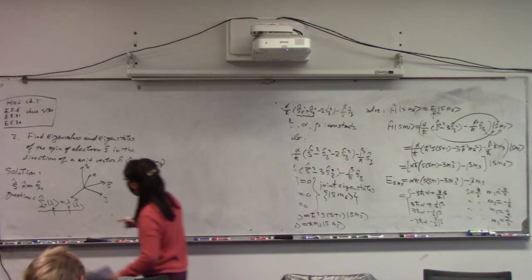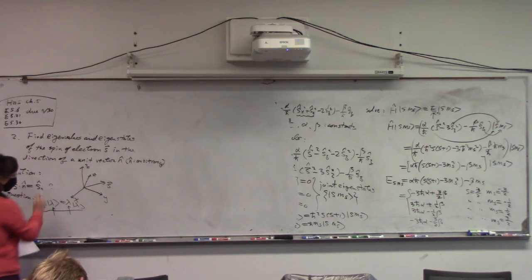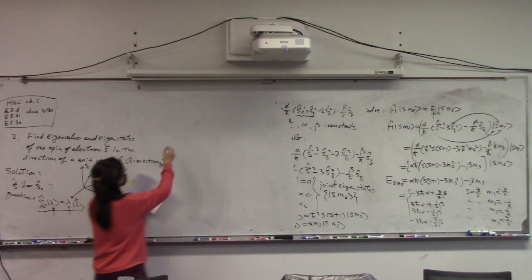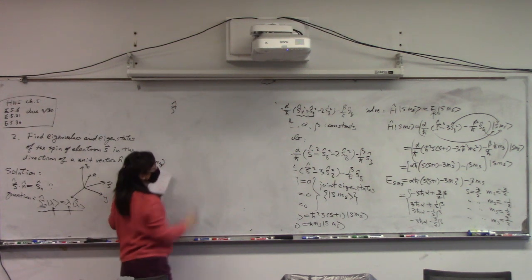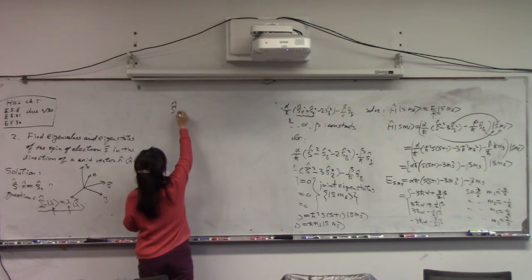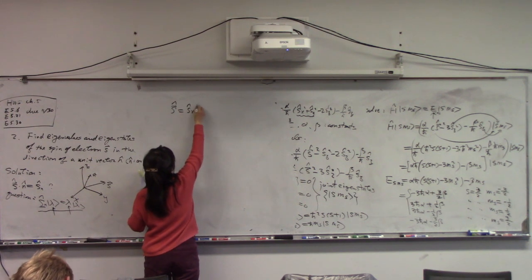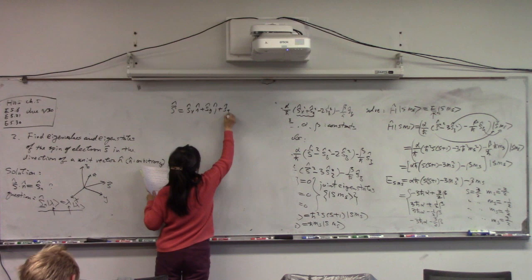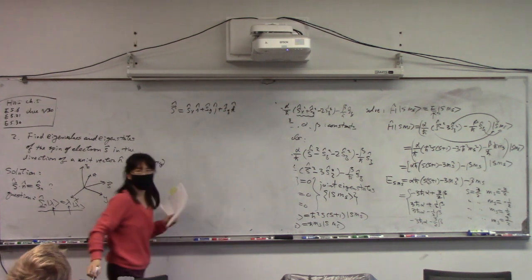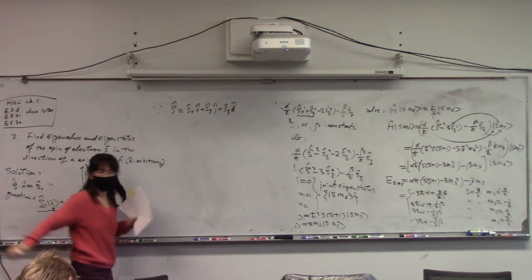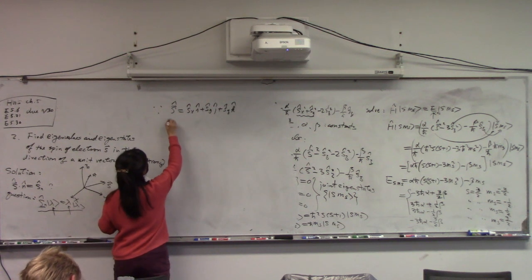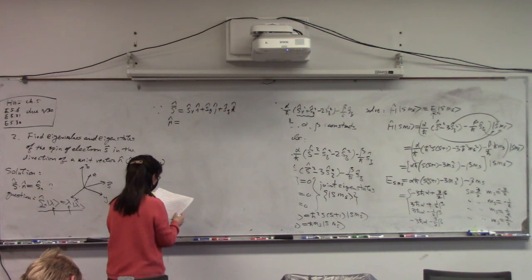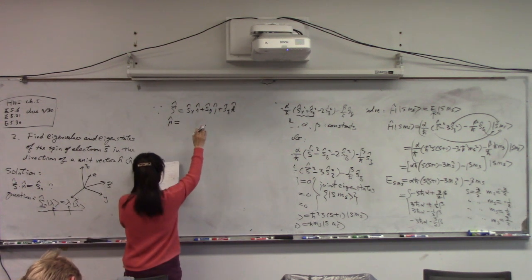All right, how to obtain this one? First, the spin operator S is a vector, right? It has X components, Y components, and Z components. The unit vector n is also a vector, right?